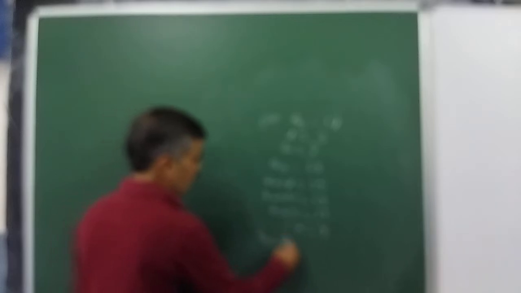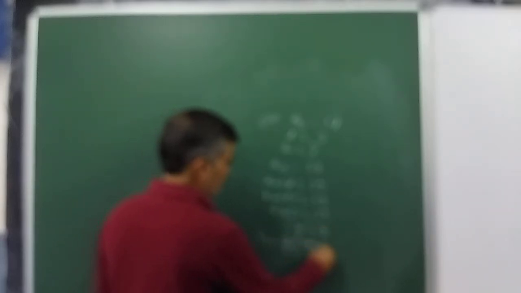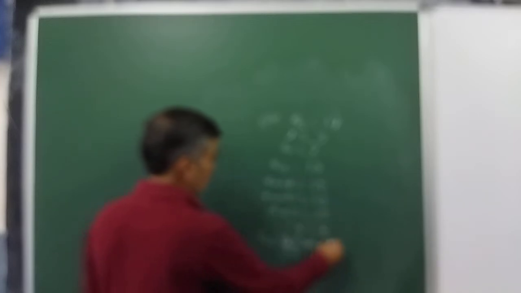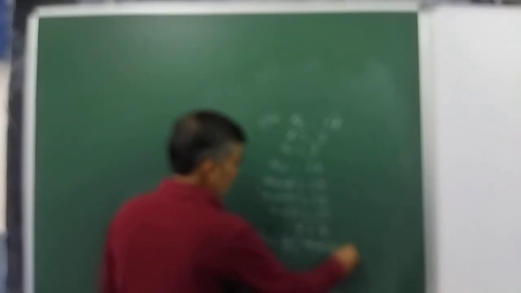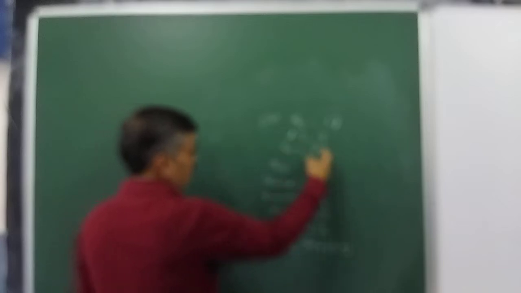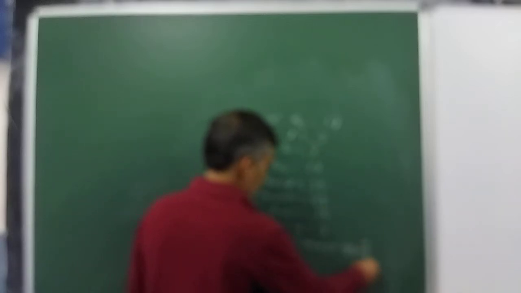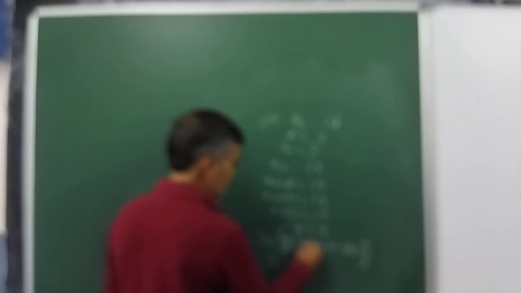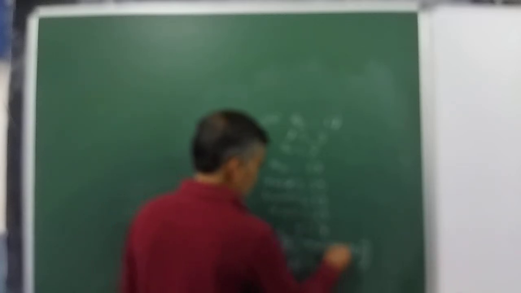Now you put this: S12 is equal to n by 2, 12 by 2, into 2a, 2 into 4, plus n minus 1, means 12 minus 1, into d, that is 3. So you can cancel here, 6 into 2 into 4 is 8, plus 11 into 3, 33, so this comes 6 into 41.